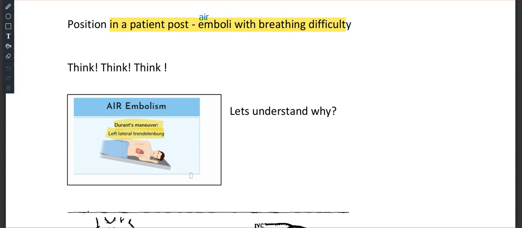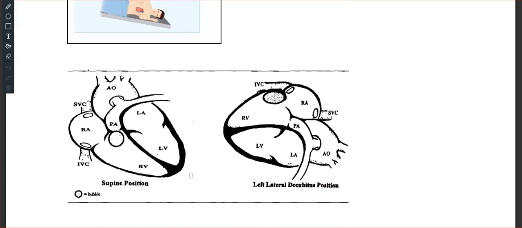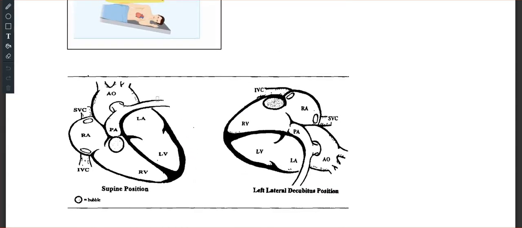So let's just have a look at this diagram, right? This figure at the bottom shows that there is a bubble. So these are basically openings. This is the bubble. So in supine position, it can go to the pulmonary artery, to the lungs, and it can ultimately cause distress. So now what you need to do, you will place this person in left lateral position.